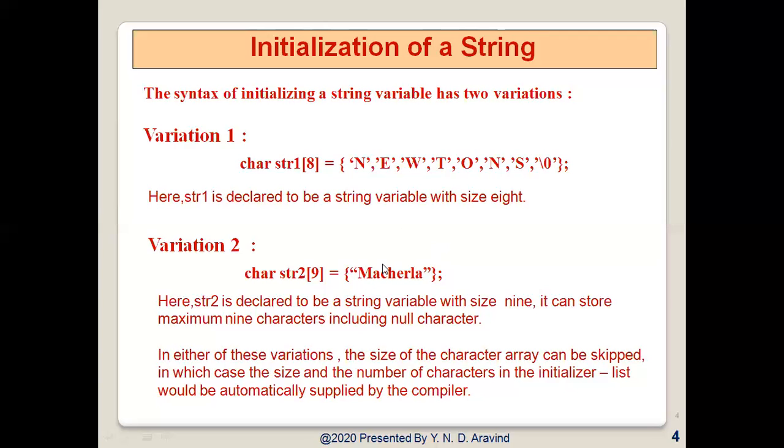So str2 is also declared to be a string variable of size 9. It can store a maximum of 9 characters including the null character. In this variation, the null character \0 is automatically added to the end of the string by the compiler.